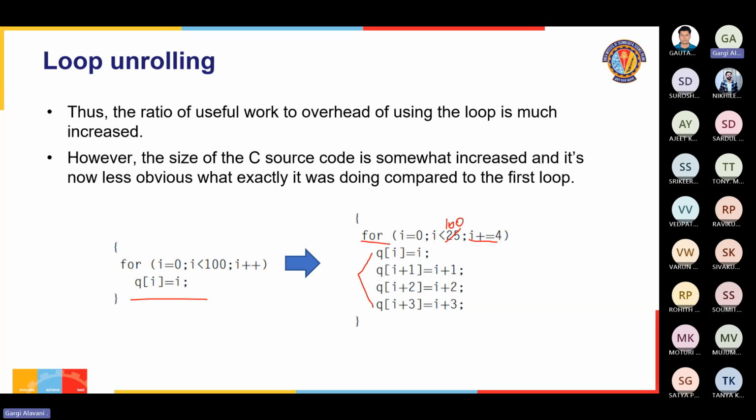You can decide by balancing the gain that you are getting from the reduced loop overhead and increased parallelism against the penalty of code size, and how many registers you need, because unrolling will need more registers compared to the earlier code.